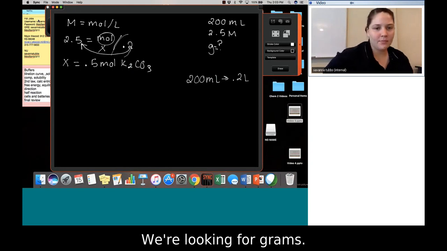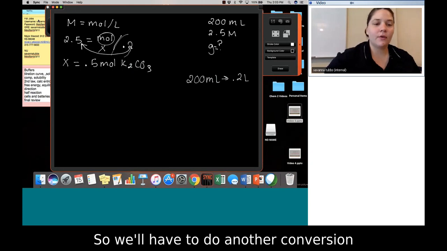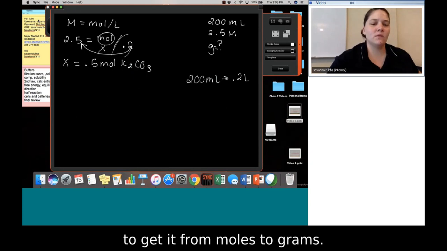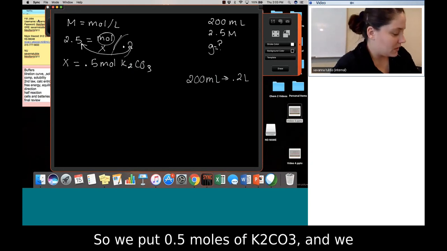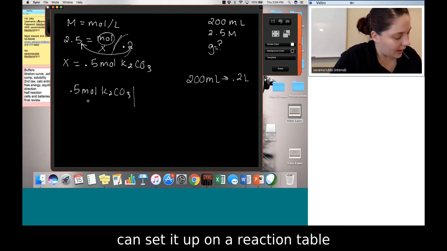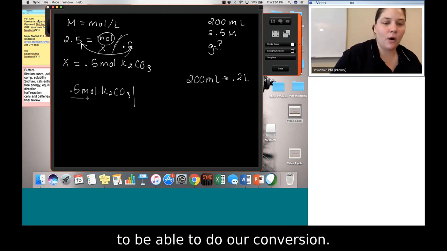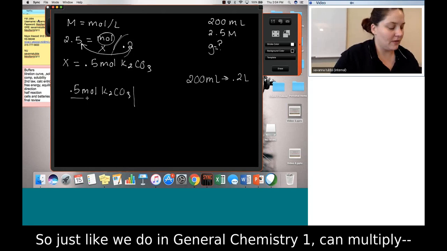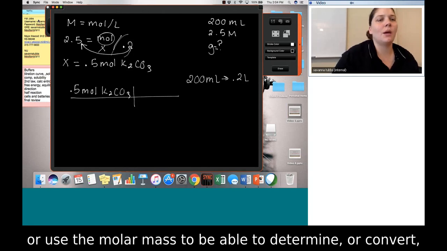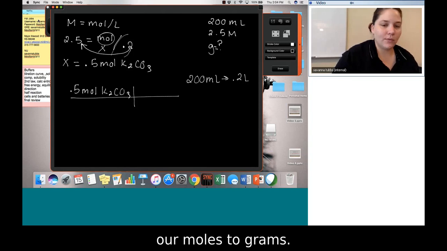That's how many moles we have, but that's not what we're looking for. We're looking for grams, so we'll have to do another conversion from moles to grams. We put 0.5 moles of K2CO3 and set it up in a conversion table. Just like in General Chemistry 1, we use the molar mass to convert our moles to grams.